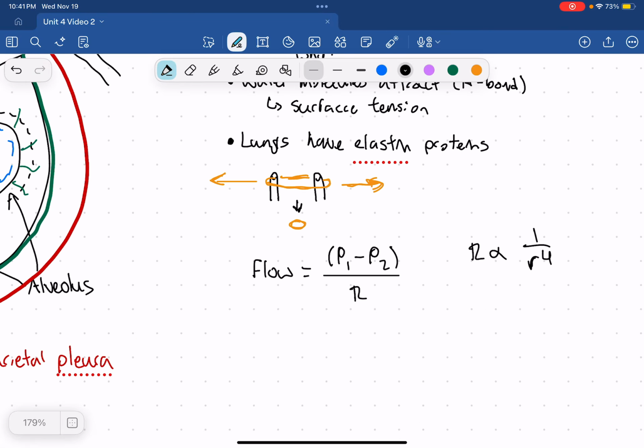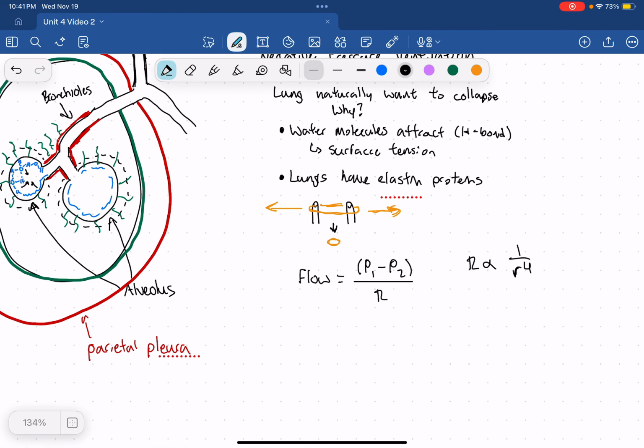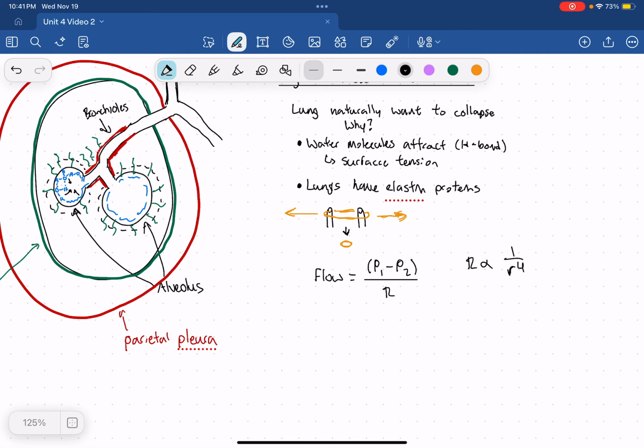So for air to flow into the lungs, we can think of this relationship of the pressure of the lungs and the pressure of the atmosphere working in unison to either allow air to flow into the lungs or out of the lungs.